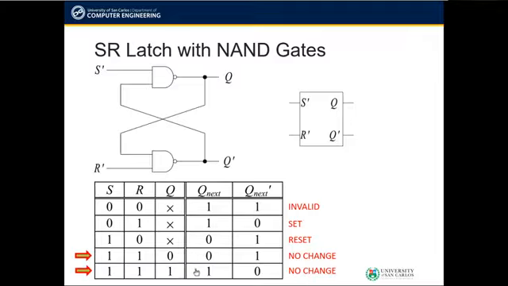Again, this behavior of the SR latch is called no change, since the present value of Q does not change on its next value. Again, for this case, Qnext prime is simply the complement of Qnext.